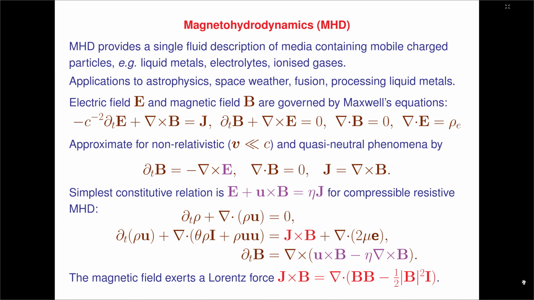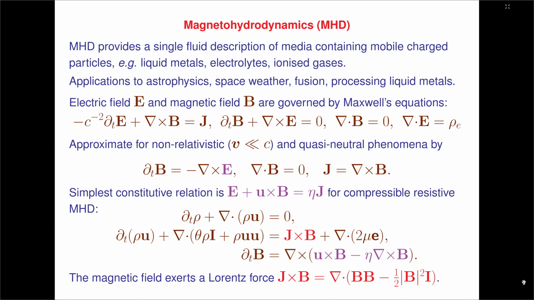But if we're looking at fluids moving slowly compared to the speed of light, we can ditch that term. So now the electric field E is just kind of a flux that lives in here for evolving the magnetic field, which should be divergence-free, and we've got rid of Maxwell's displacement current, so the current is now just the curl of B in some sensible units to get rid of the constants.